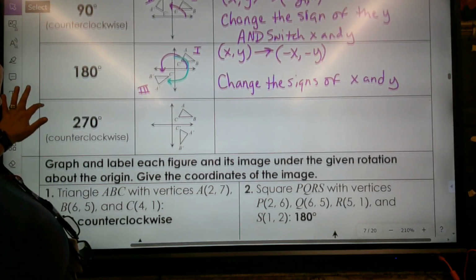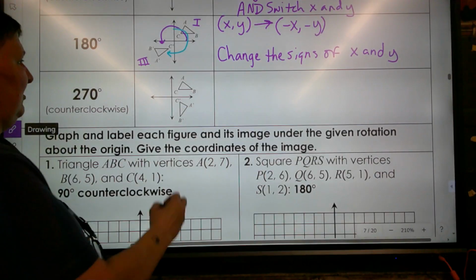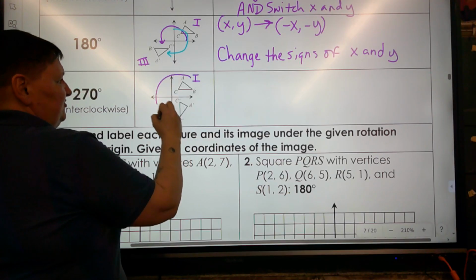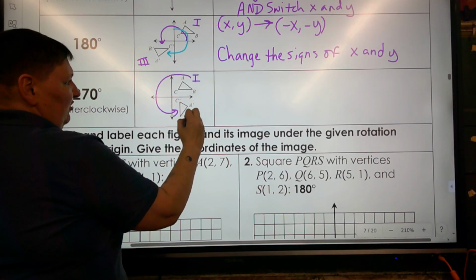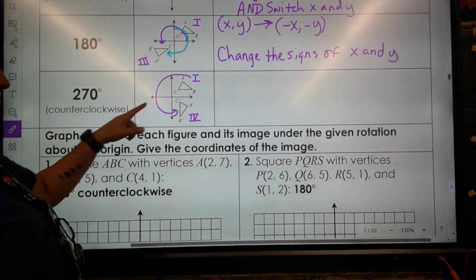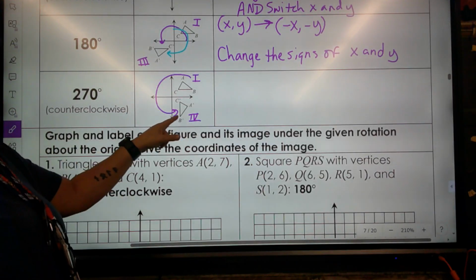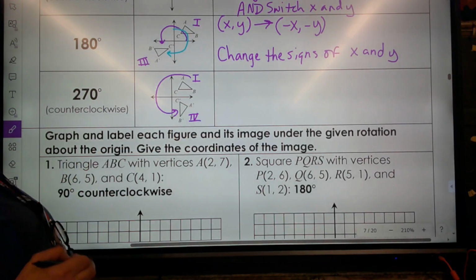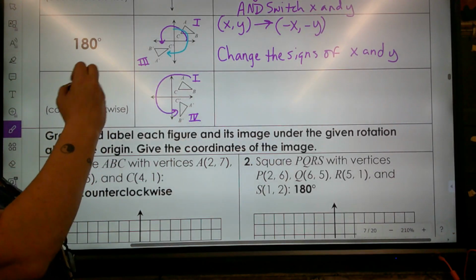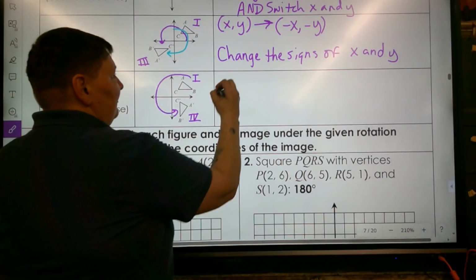All right, and 270 degrees counterclockwise. If you are starting in quadrant 1, that would put you all the way into quadrant 4. All right, so 270 degrees counterclockwise transfers you 3 quadrants. Goes from 1 to 4 or 2 back to 1. It's going to change you 3 quadrants, right?